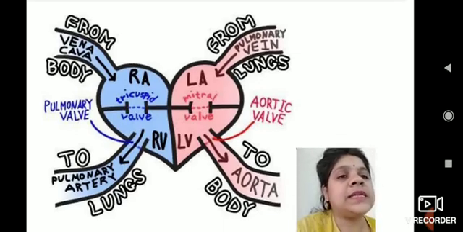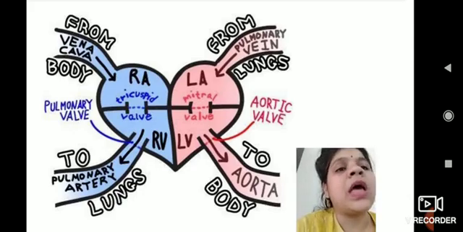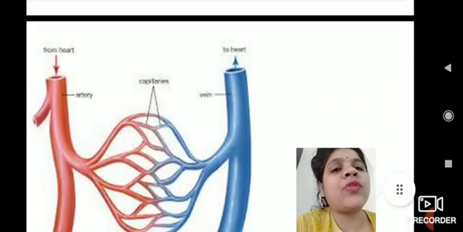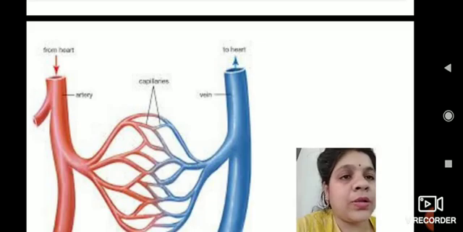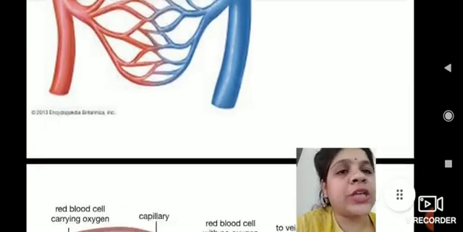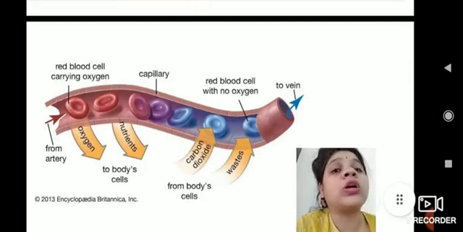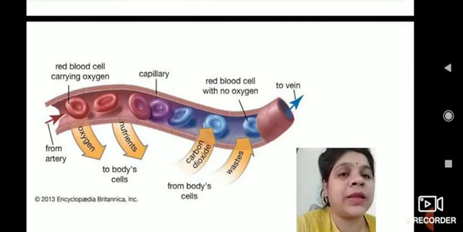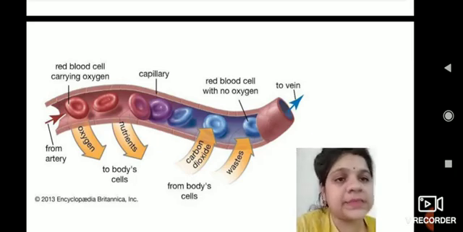This is the circulatory system. When the blood moves from the arteries to the body organs, capillaries, the exchange of what? Oxygen and nutrients takes place. The oxygen and nutrients are diffused to the body cells from the arteries. Yes.